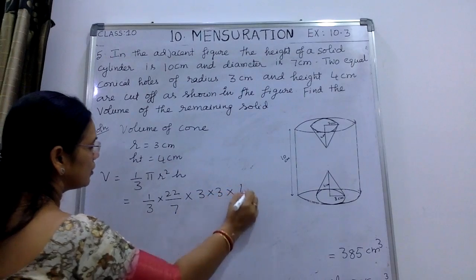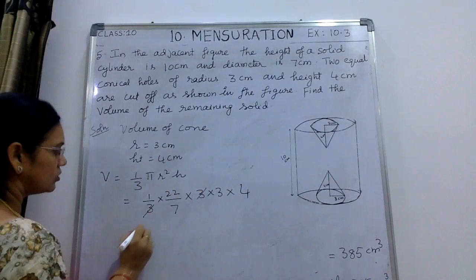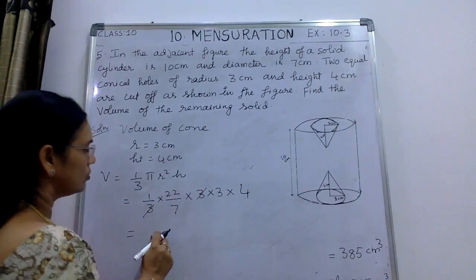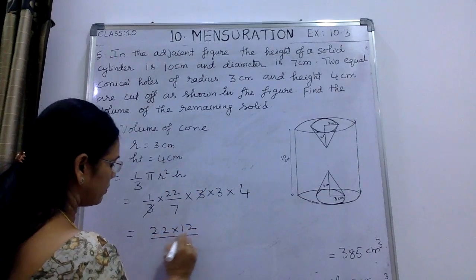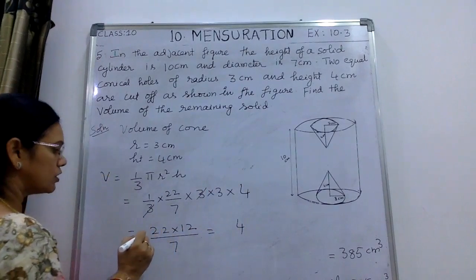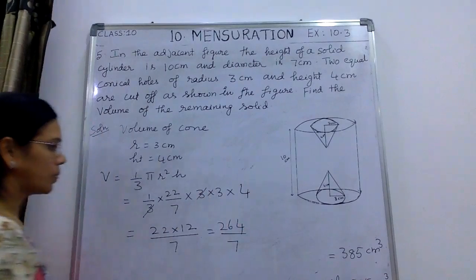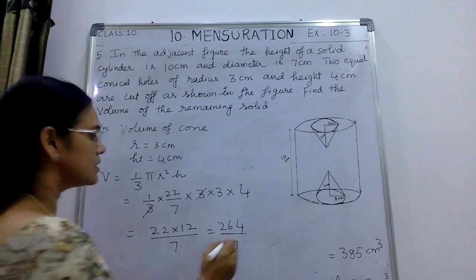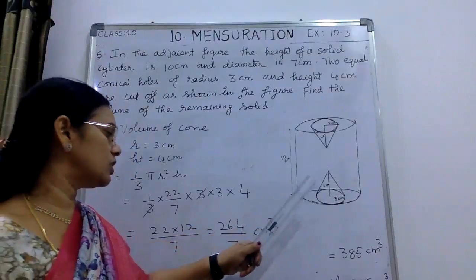h is 4. So cancel these two, these 3 and 3. Now 22 into 12. 4 3s are 12 by 7. 12 2s are 24. 12 2s are 24 plus 2, 26 by 7. This is the volume of the single cone. We know two cones are with equal measurements.